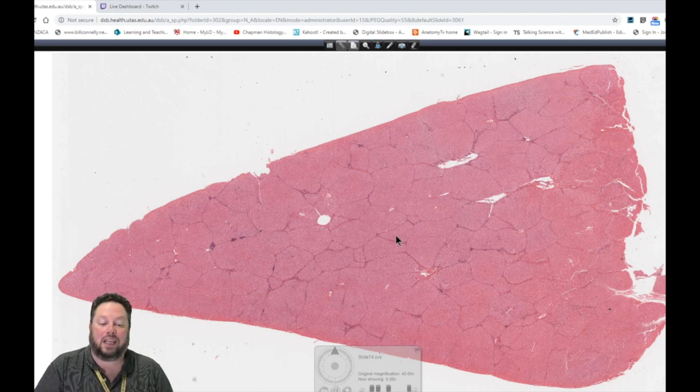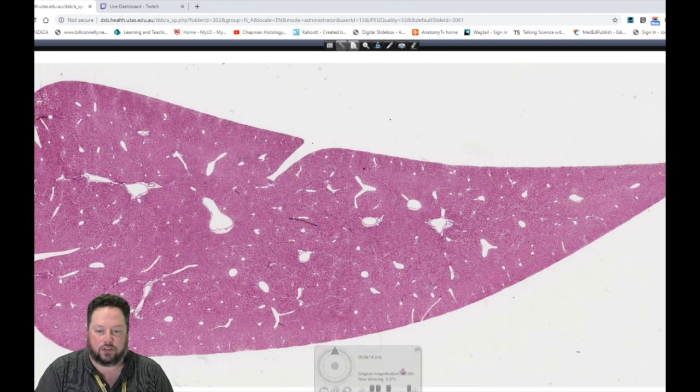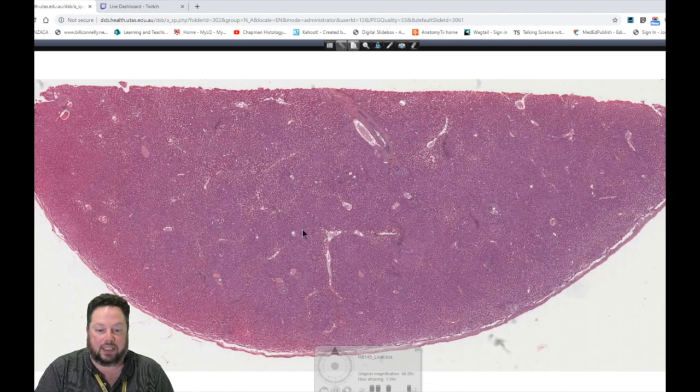In the pig the stroma is very defined. It really defines the structure of the lobules, whereas in humans, and I'll show you a quick section of human liver here, we can't see a well delineated stroma, and therefore the lobules are much more difficult to define.